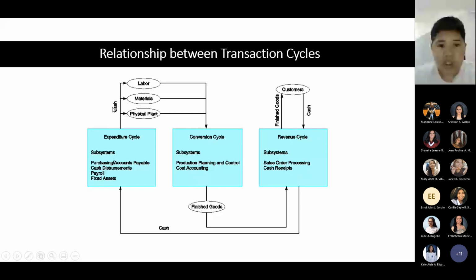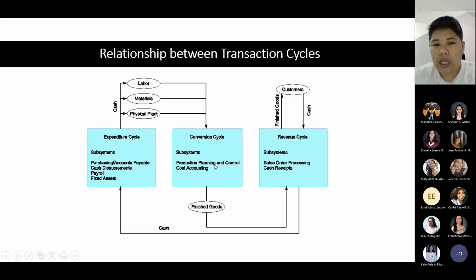Pwede ring on account, pero eventually will be paid by cash. Tama? Kasi hindi naman po ma'am lahat on cash. Correct. Pero eventually they will be paid by cash. So, lahat ng babayaran under expenditure cycle are your labor, materials, and physical plant or your fixed asset. These are the things that you are going to use in your conversion cycle.